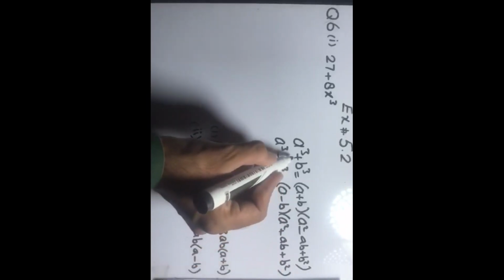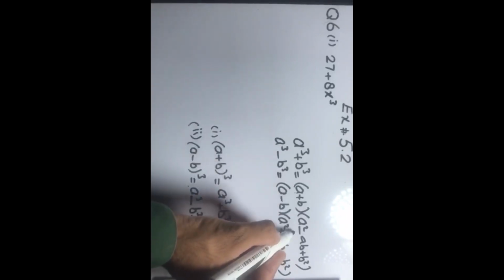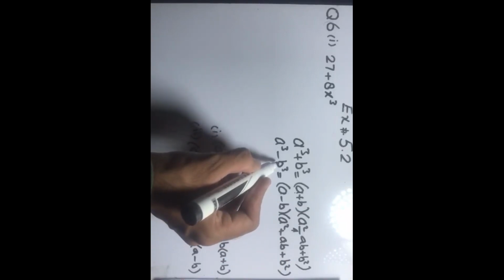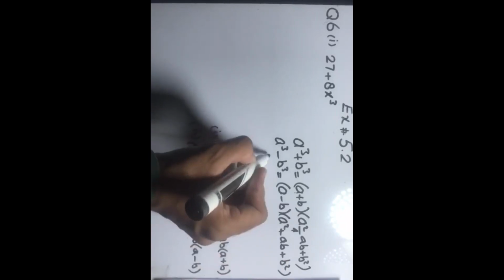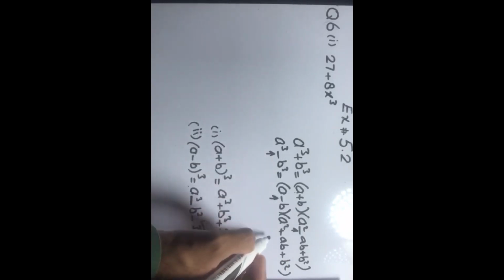If we place a plus sign, then we place a plus sign between a plus b, but here the sign is negative. If we place a minus sign with b cube, then we get a minus b into a square. If here the sign is minus, the sign at the place of a plus b will be positive.